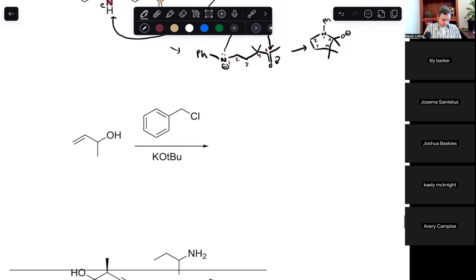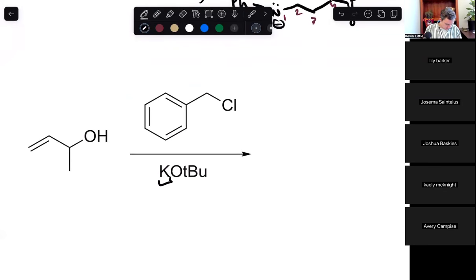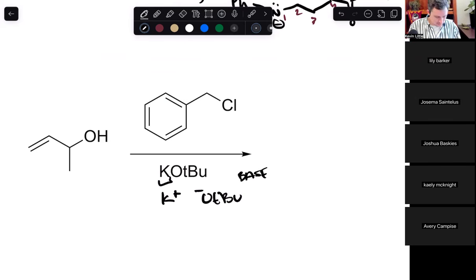All right. I see a metal. I'm going to draw out the ionic bond first thing. And that's a base. Bases have metal in them, right? It puts a negative charge on something that makes it basic. So I've got a base. I've got a nucleophile. I've got an electrophile, right?